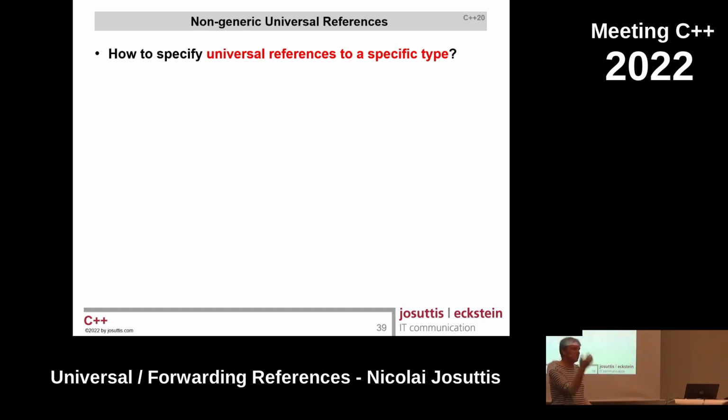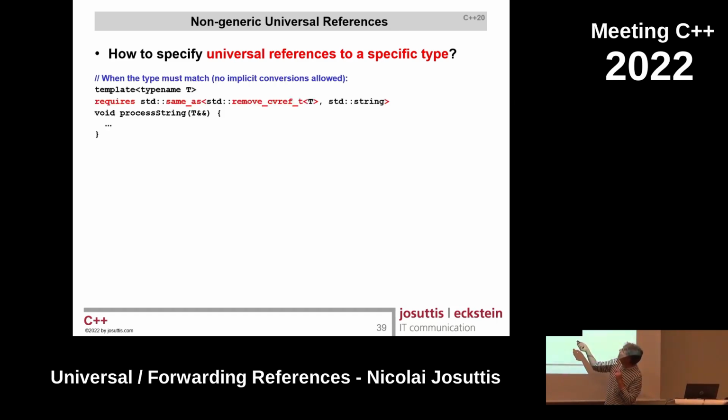It can bind to any type. But that's not always useful. Sometimes you want to say, this is a function just for strings, but the string might be an R value, might be an L value, might be const, might be not const. So how can we specify that? It's not easy to do that. You have to write something like this.